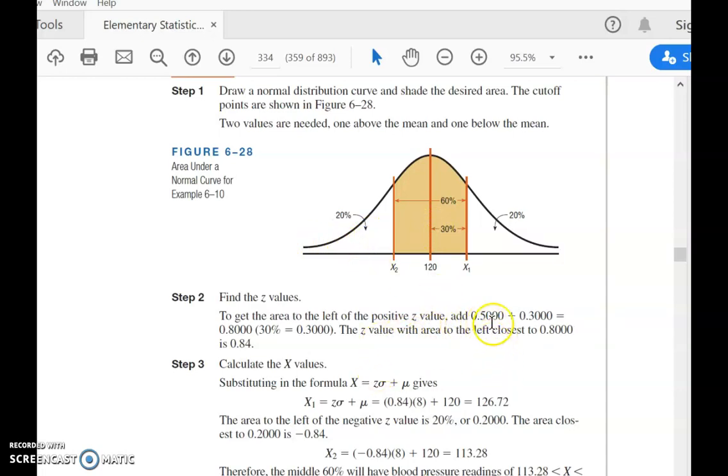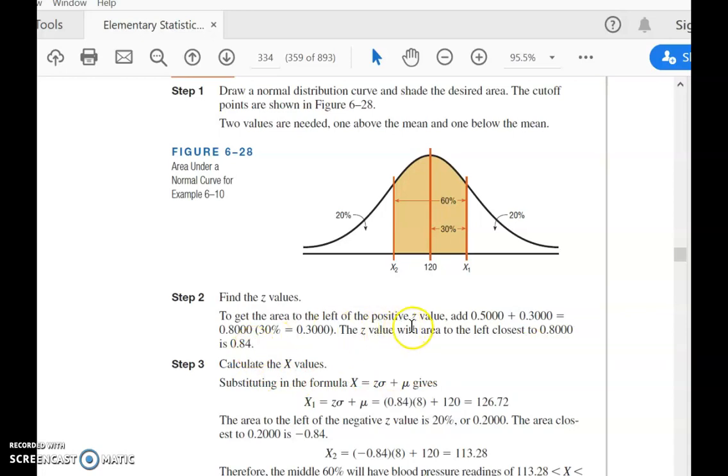You add 50% plus this 30%, that gives you 80%. So you want 80% to the left of this X1. The Z value that corresponds to X1 is the Z value with area to the left closest to 0.8000. You look in the table, and you'll have to verify this for yourself, and it turns out that particular Z value is 0.84.